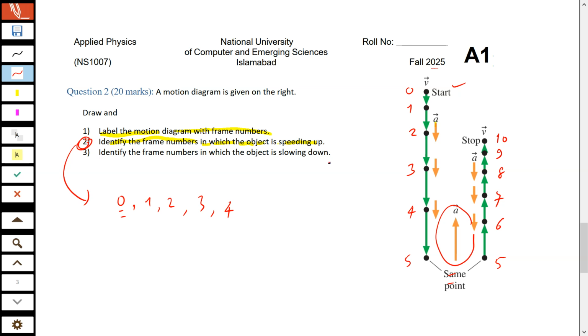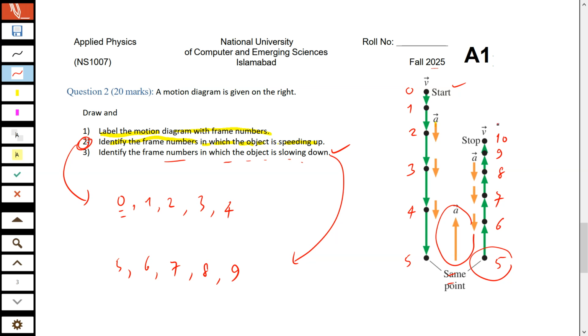Now the answer to part 3 will be identify frame numbers in which the object is slowing down. So the object starts slowing down right from frame 5. So 5, 6, 7, 8, 9, 10, all the way. So the answer to this part will be 5, 6, 7, 8, 9.